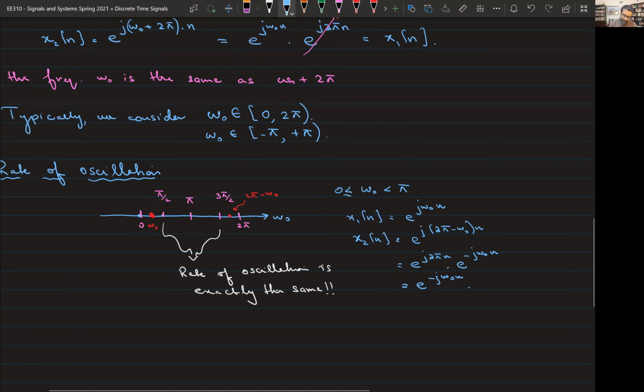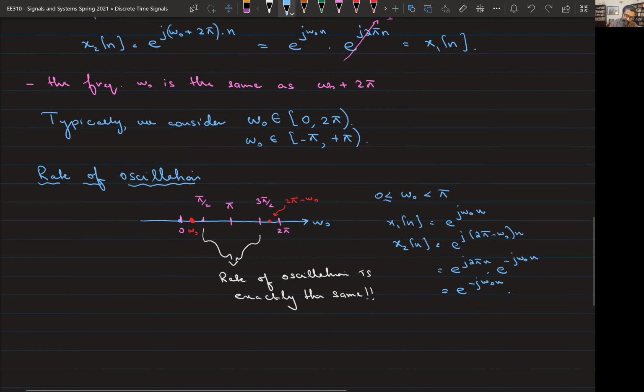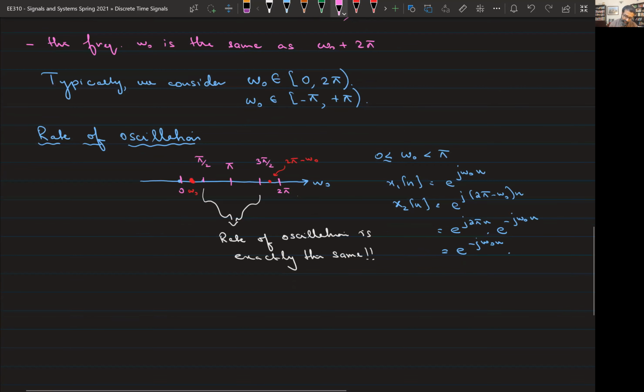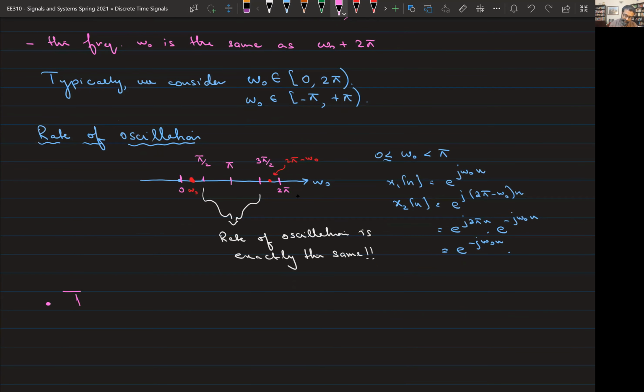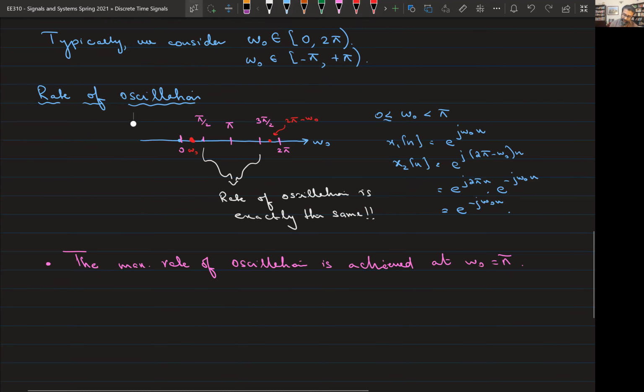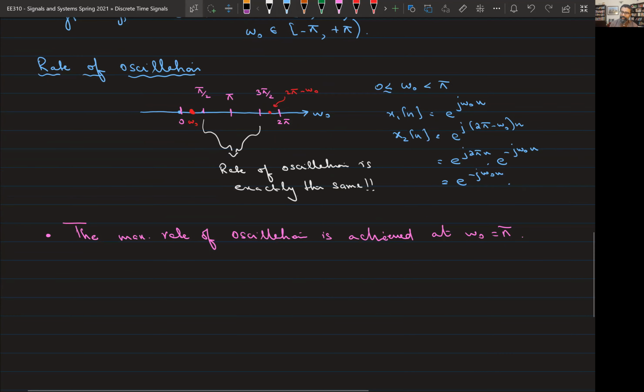So an important conclusion is that the maximum frequency, or the maximum rate of oscillation, is achieved at omega naught equals pi. Does that make intuitive sense? You can take a quick look at what the signal corresponds to when omega naught equals pi.